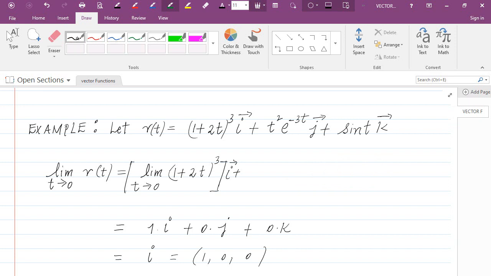So let's do that. Here I want to write the limit as t goes to 0 of t squared e to the negative 3t multiplied by j, plus the limit as t goes to 0 of sine t.